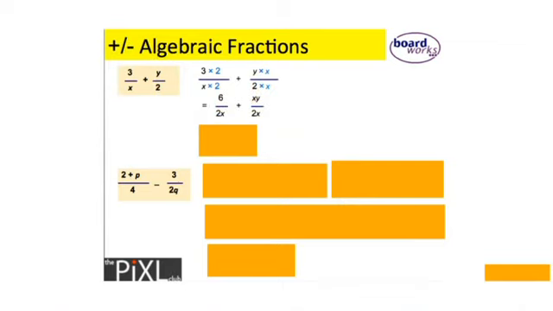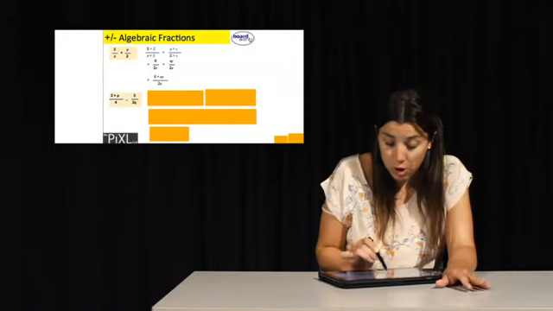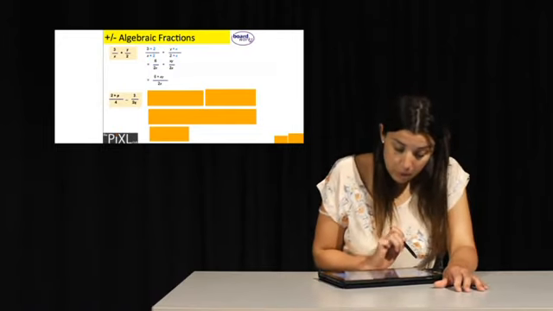If we do that, we're left with 6 over 2x add xy, that's x times y, divided by 2x. Our denominators are now the same, 2x, so we simply add them together. So we have 2x. So we add our numerators together, 6 add xy, all over 2x. Again, an algebraic fraction for your final answer.